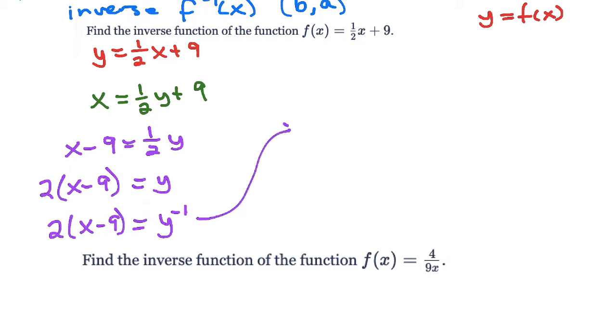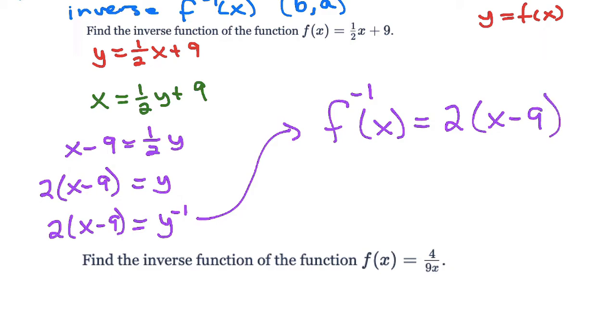Because it started out as function notation, I'm going to switch it to inverse notation, and write 2x minus 9. You could write it 2x minus 18. I don't think Delta Math requires a special form, so I think they'll accept either one of those two answers. So we switched the x and y, solved for y, wrote it in inverse notation.